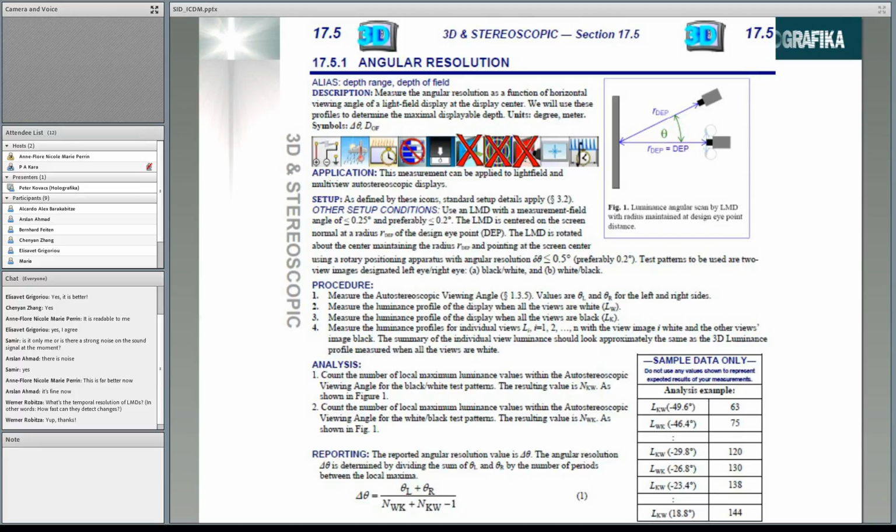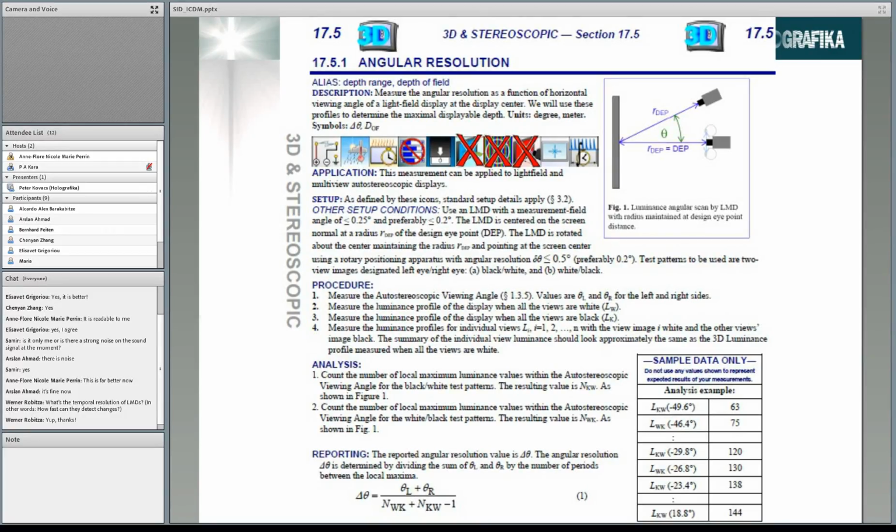You have the display, and you have the LMD positioned in front of it. Because there is also a measurement for determining the viewing angle of the display, for this measurement we already assume that we know the viewing angle of the 3D display.